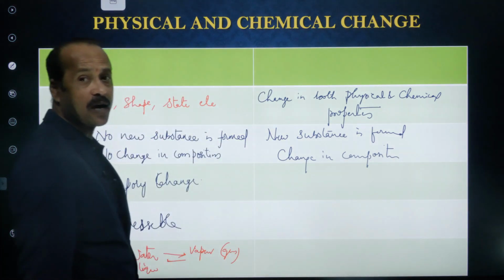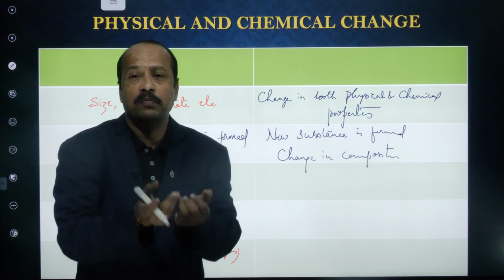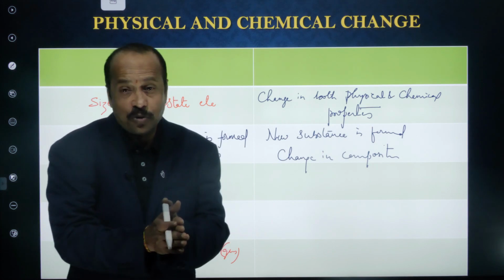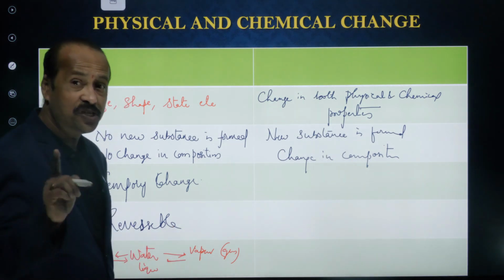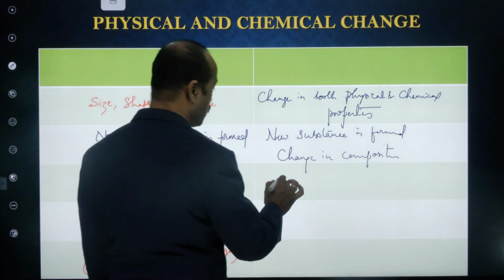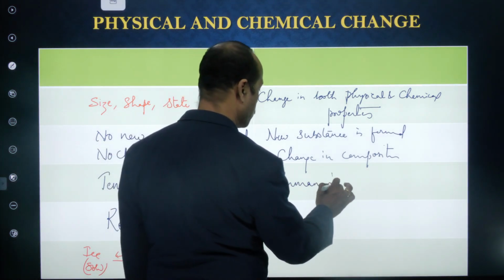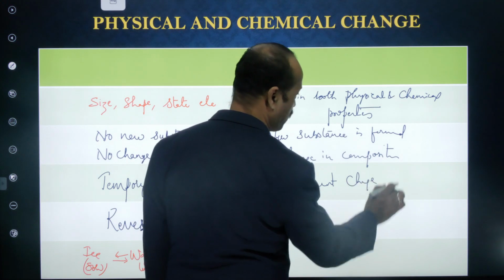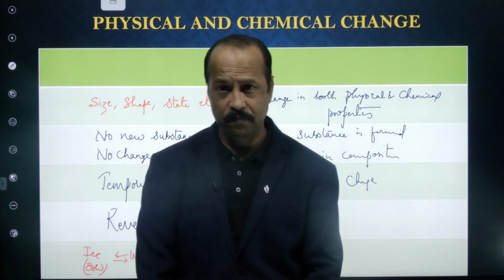We are taking the carbon and oxygen individually, but both react to form carbon dioxide. So a new substance is forming, so there is a change in the composition. And here it is a permanent change. What is it? A permanent change. Permanent means what? Forever. For example, I just told you that if you take a paper and burn it, then what happens?